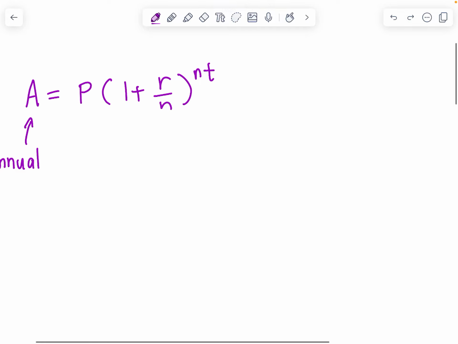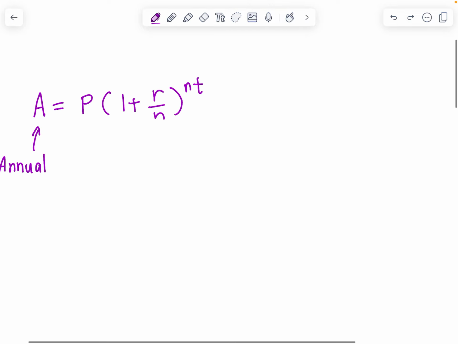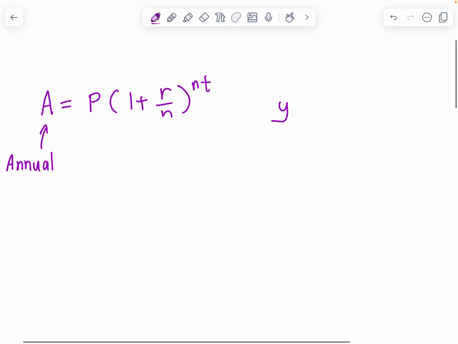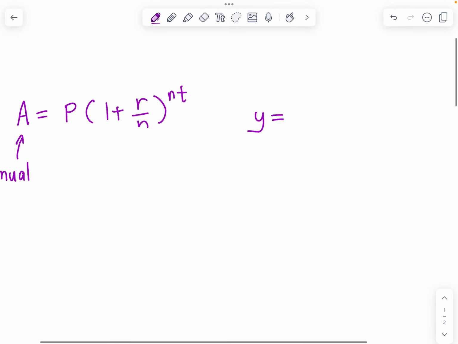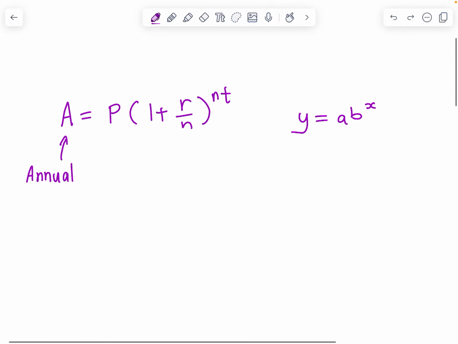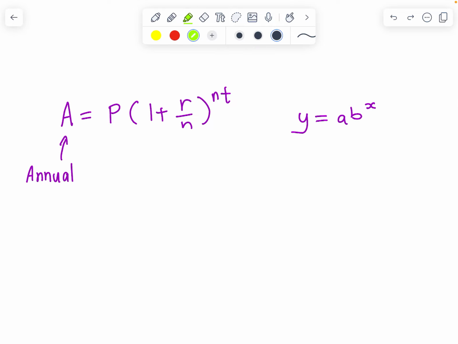So let's step back a bit and look at the original formula for an exponential function. We know that compound interest is exponential, and from what we've learned before, the exponential function is a times b to the power of x, where a is the original value and b is the growth rate or the growth factor. If we look at this equation, you can imagine that this part is a.